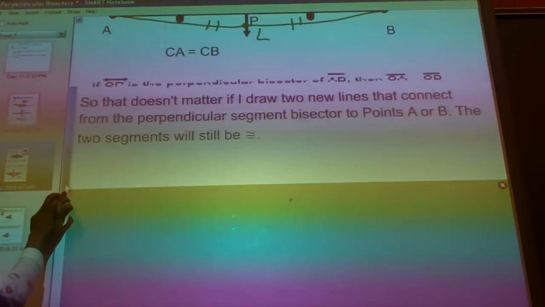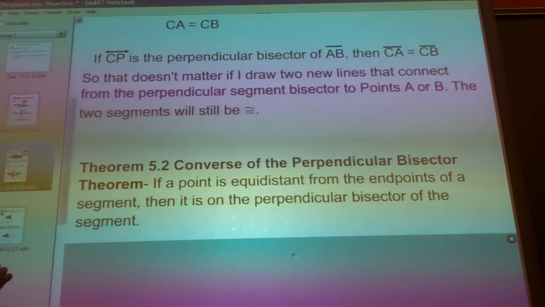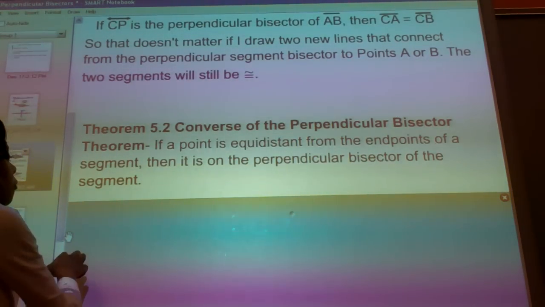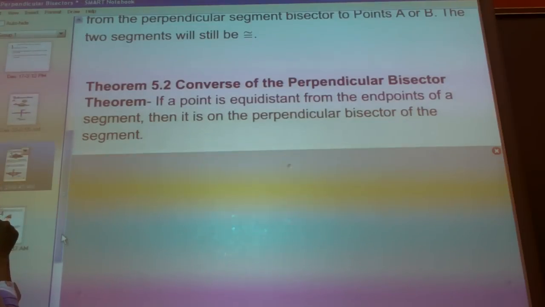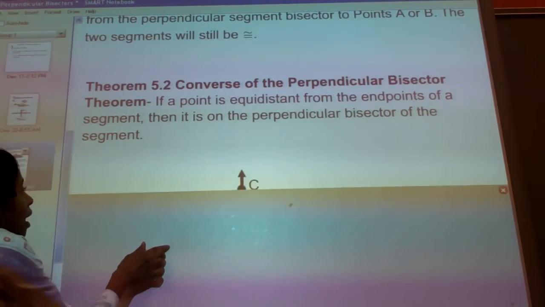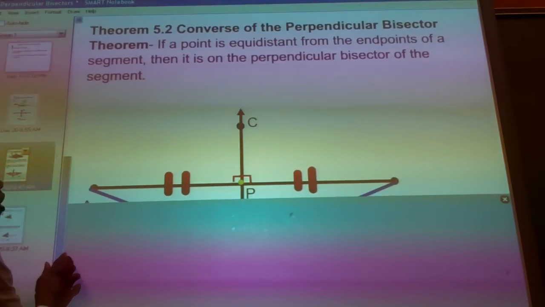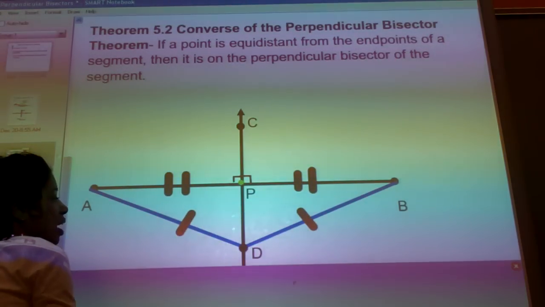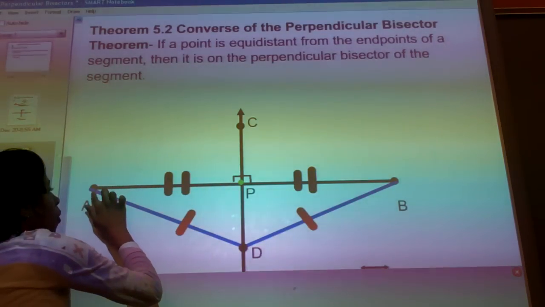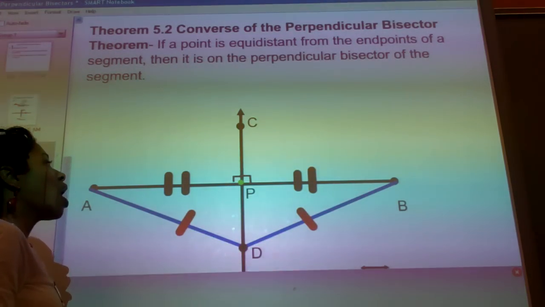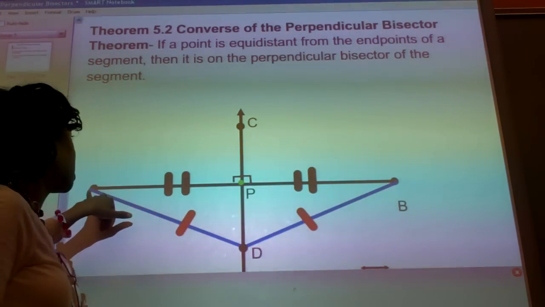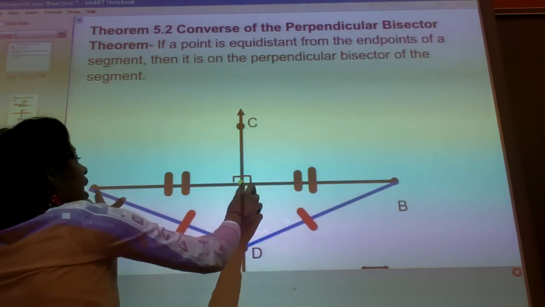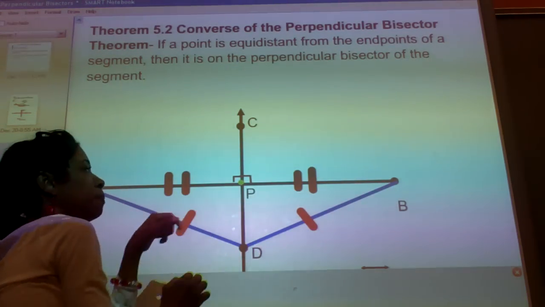All right, and moving further is the converse, the opposite. If a point is equidistant from the endpoints of a segment, then it is on the perpendicular bisector. So on the converse, point P in this case is equidistant from point A and point B, and I know it's equidistant because I see the two markers that say AP is congruent to BP.